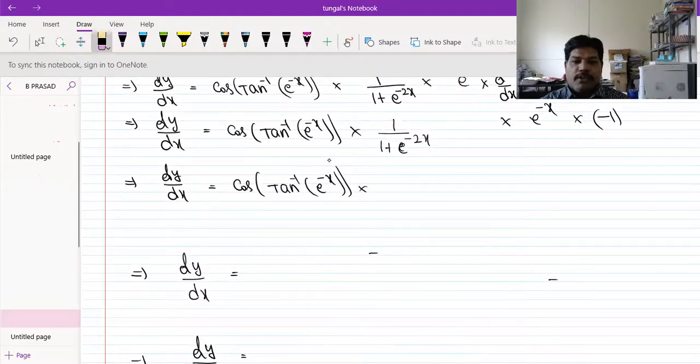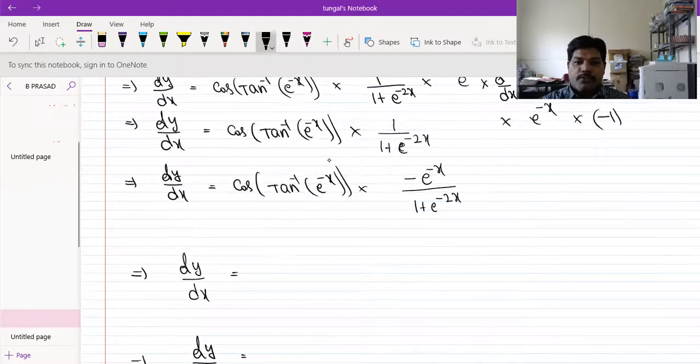So see that one. It will become minus e power minus x by 1 plus e power minus 2x. So here in this case, I am not taking the e power minus 2x common.